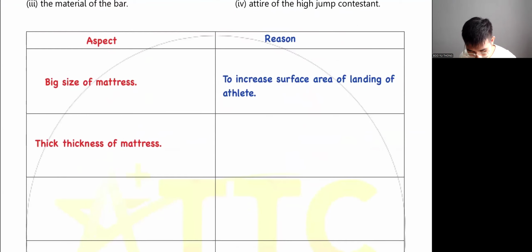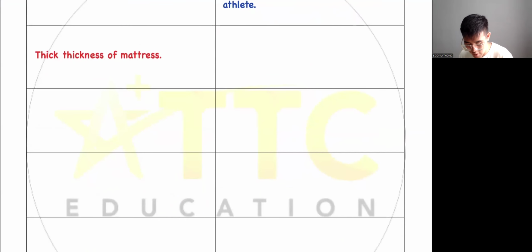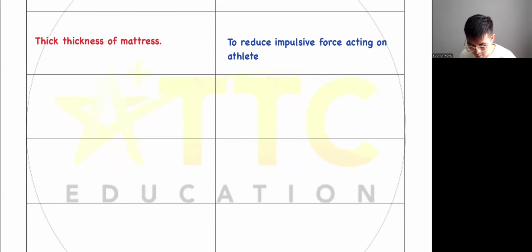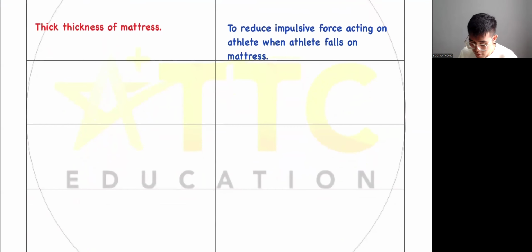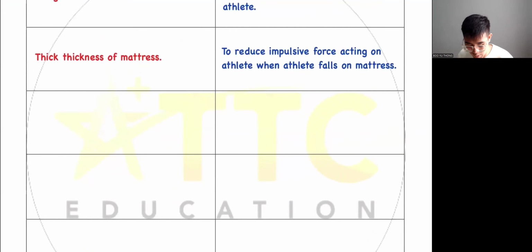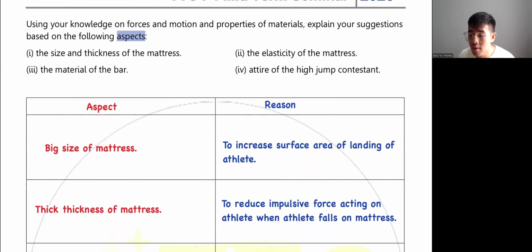All right, and the reason why we want to increase the thickness is because we want to reduce the impulsive force acting on the athlete when the athlete falls on the mattress. Full stop. So that's the reason why we want to choose a thickness, right?